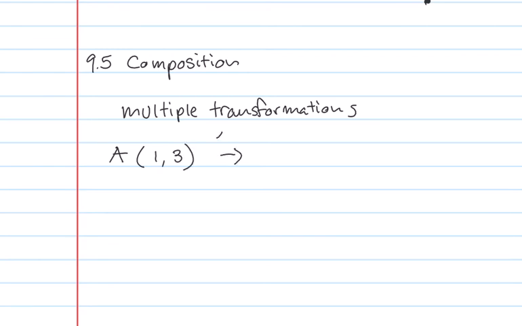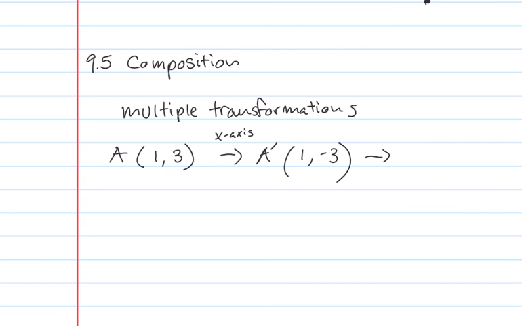Alright, and then in 9.5, we have what is called a composition. So that just means you have multiple transformations. Okay, so I'm going to have my original point A, and that is going to be 1, 3. Then I'm going to say x-axis reflection, that's going to give me A prime. And so when I go over the x-axis, that makes it 1, -3.